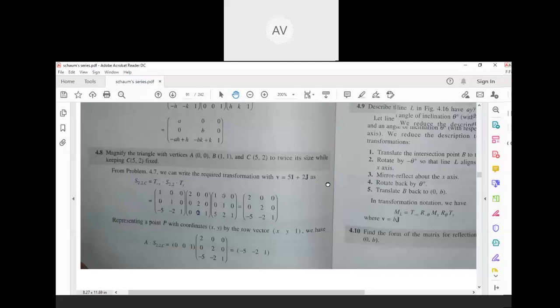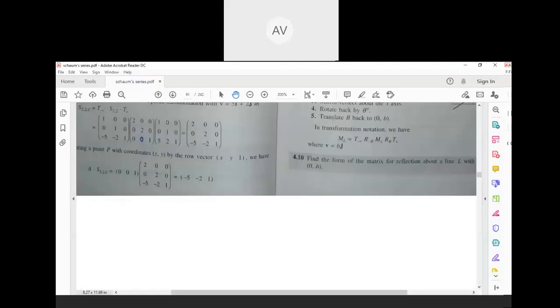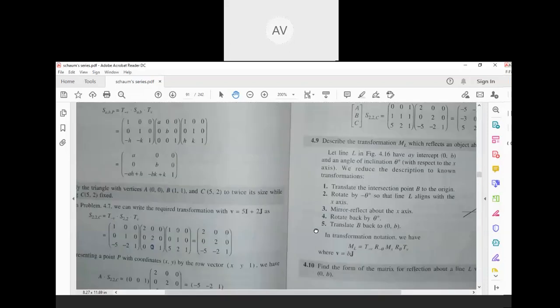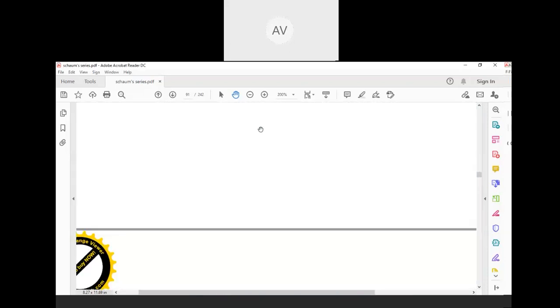Whenever in exams it says about that point, fix that point, or hook that point, what operation do you have to do? You have to translate first, and only then rotate or scale, like that. Okay, so if any more problems are there, we will see.